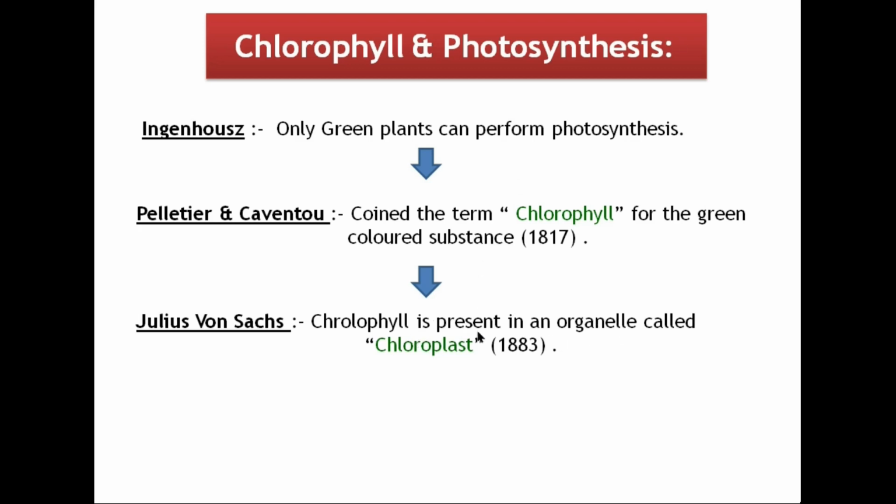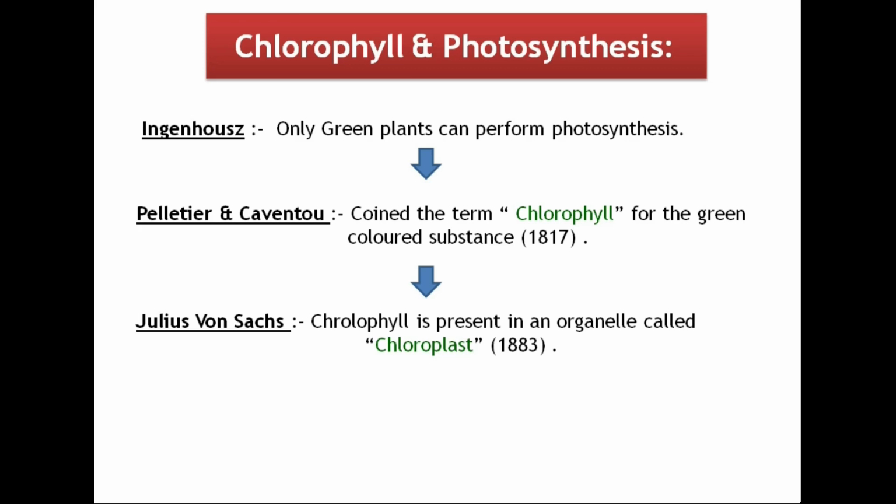It is found in an organelle called chloroplast. These are present in large numbers in the cells, nearly 40 to 100. Chloroplasts are present in each cell of the plant tissues like stomatal guard cells and ground tissue of the plants.